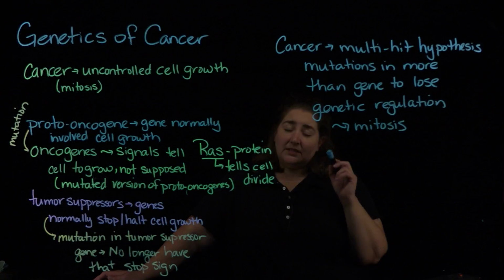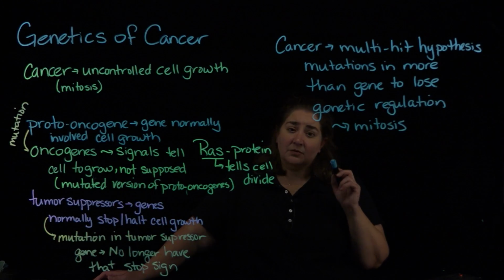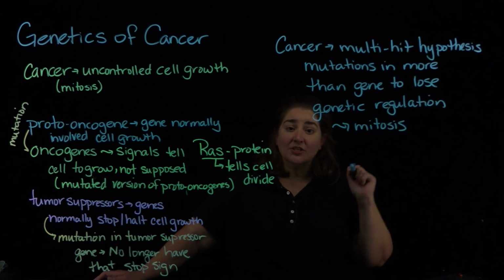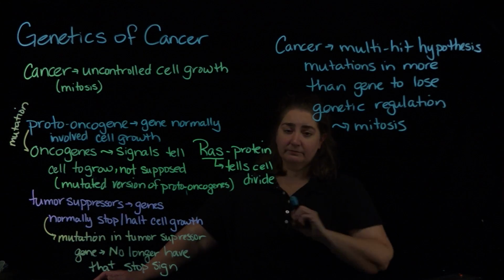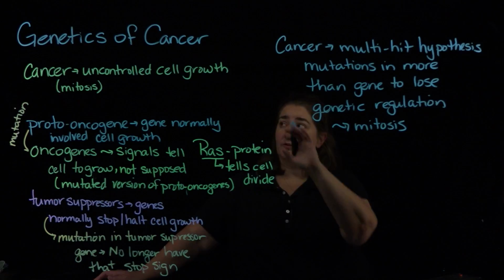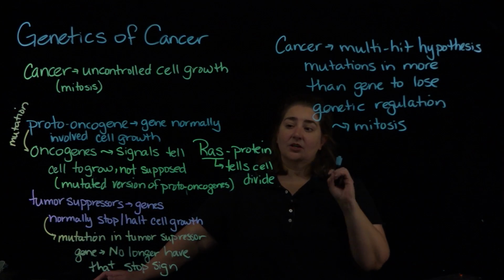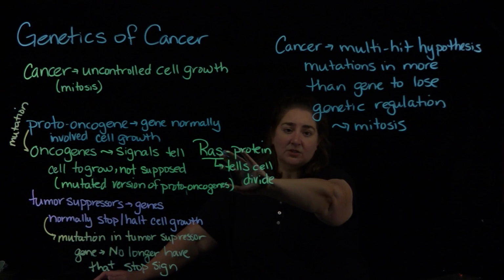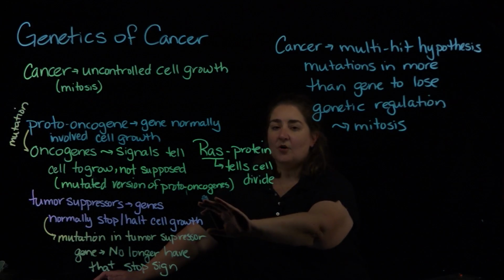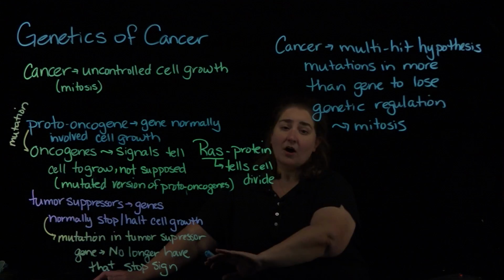hypothesis basically means that when a cell has a mutation, typically just one mutation is not enough to trigger the abnormal cell growth associated with cancer. You typically need to have a proto-oncogene mutated to an oncogene, and you also need to have the loss of a tumor suppressor gene.